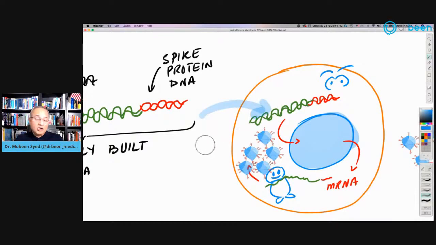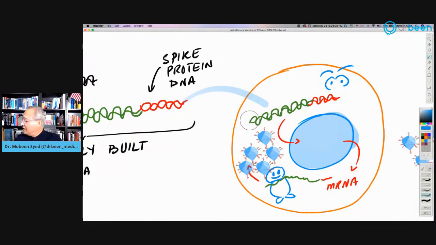These cells are called producer cells because they are going to produce the virus now. This is not in our body. This is all happening out in the laboratories in the AstraZeneca areas. So this DNA is injected into a producer cell.